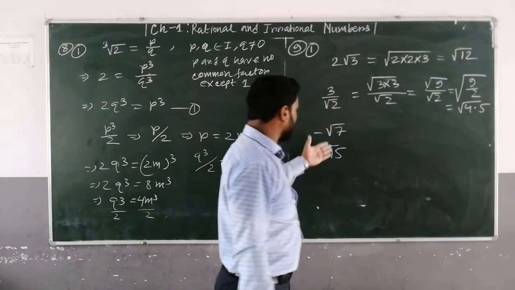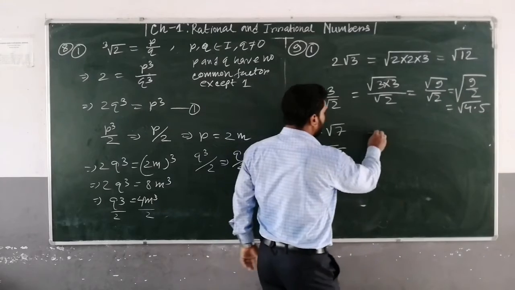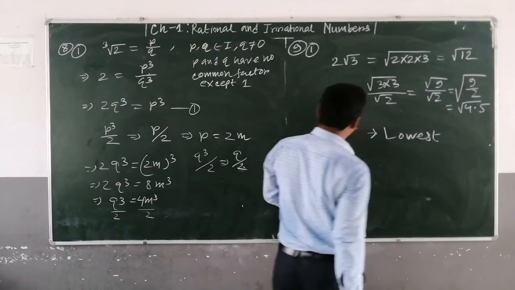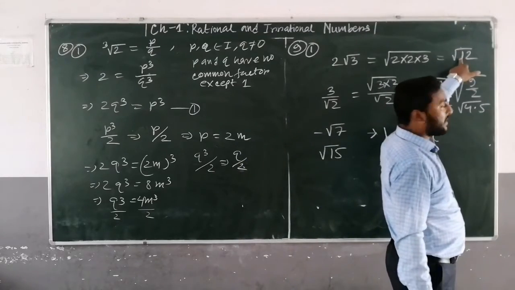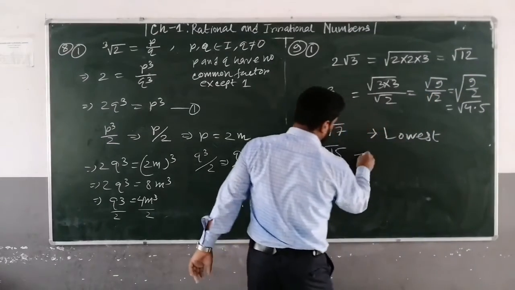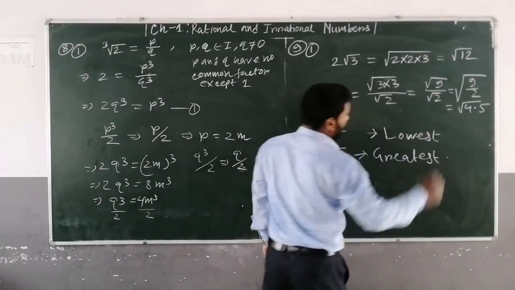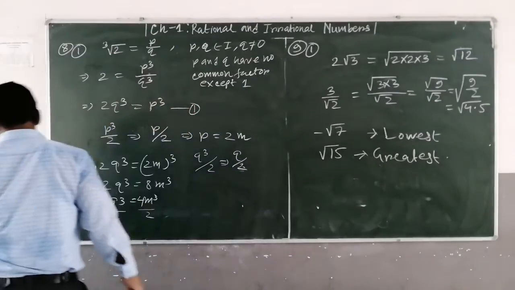Now all these numbers are under root, you can verify that. This is minus, so this is obviously lowest. Now which one is greatest? √15, √4.5, √12. So √15 is the greatest number. Second part you can follow the same steps and find the answer.